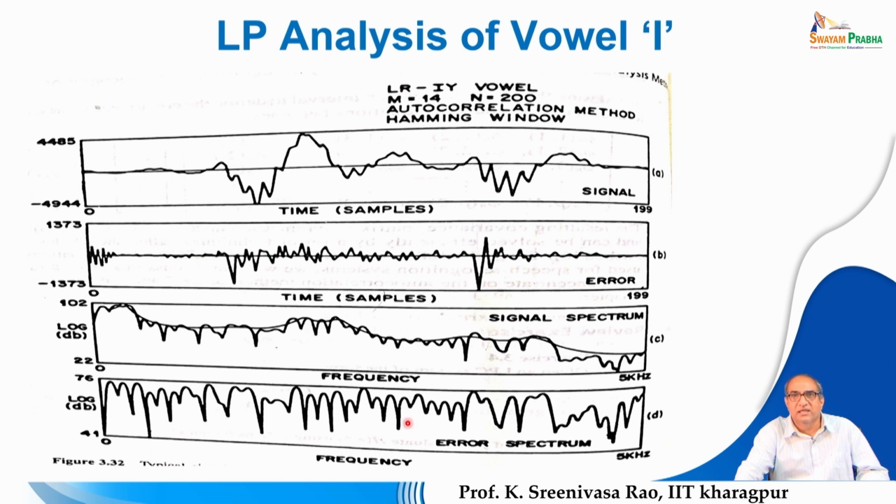And if you want the acoustic signal spectrum, it is nothing but the multiplication of the excitation signal spectrum with the vocal tract filter spectrum. The vocal tract filter spectrum is the smooth one, and the excitation signal spectrum is the rippled one. If you multiply them, you can see the signal spectrum.